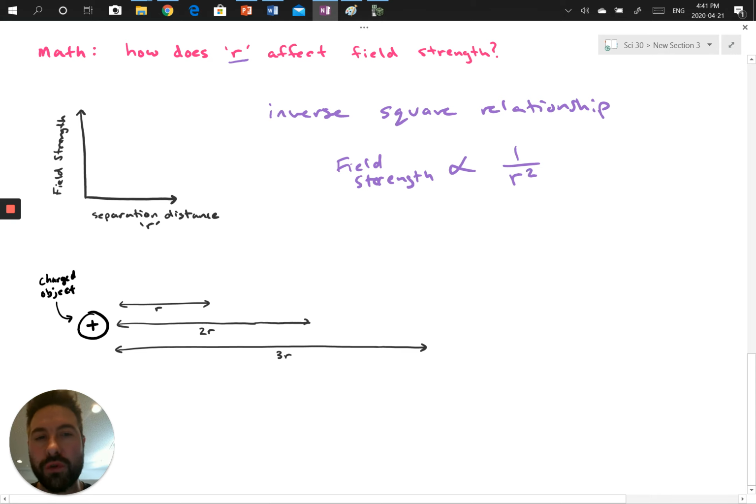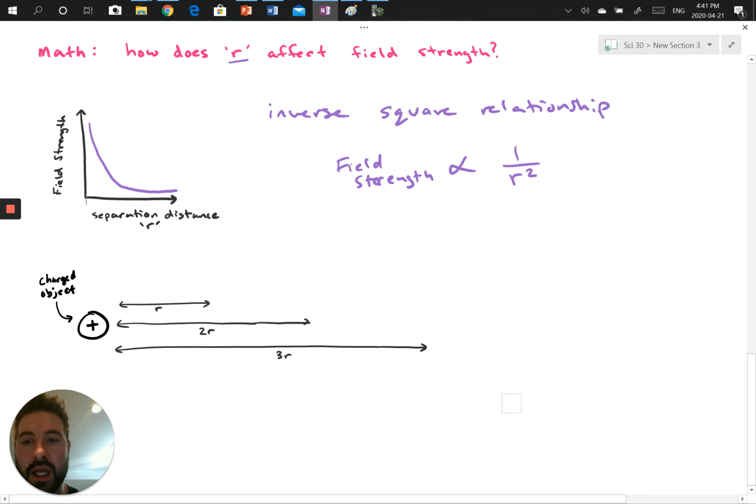So 1 over r squared relationship, or an inverse square relationship. And if we were to graph this, it would look like this. So as the separation distance increases, the field strength decreases exponentially. So we get that shape on that graph.